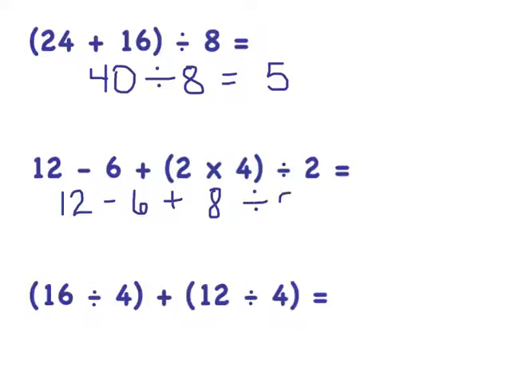Now, I've worked the parentheses. Are there any exponents? No. Is there any multiplication or division signs? Yes, right here. So I want to do this part first. In this case, I have 8 divided by 2, and that's going to give me 4. And now I want to bring down what I have left.